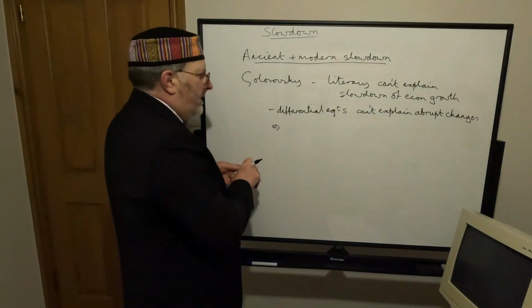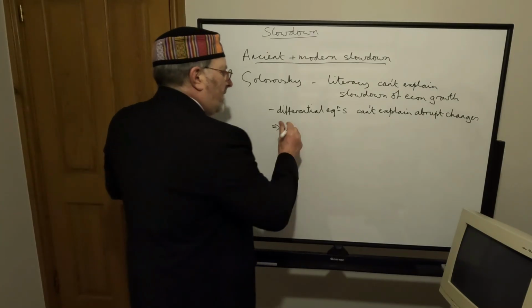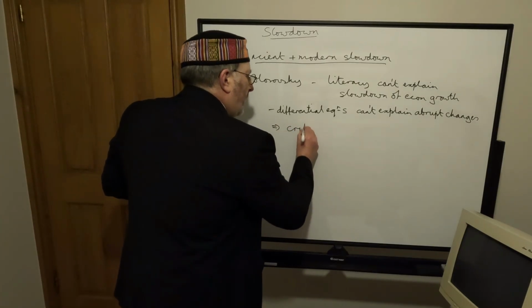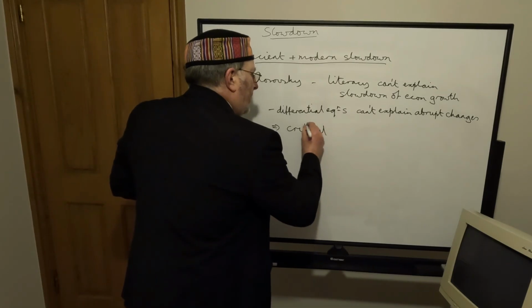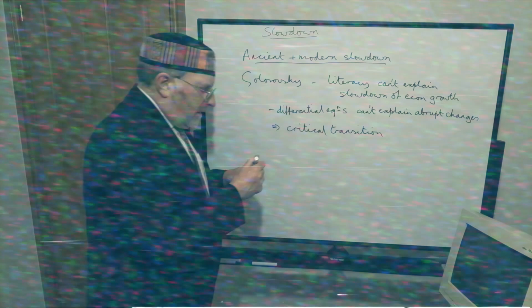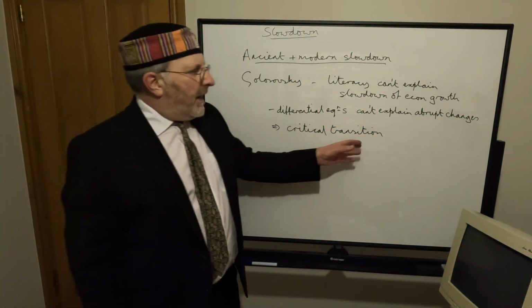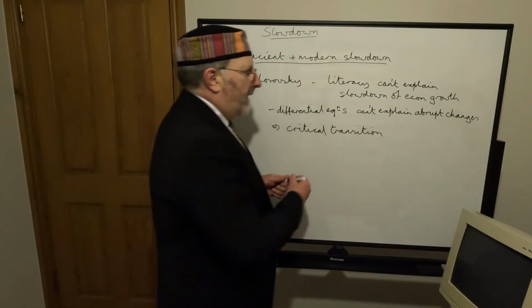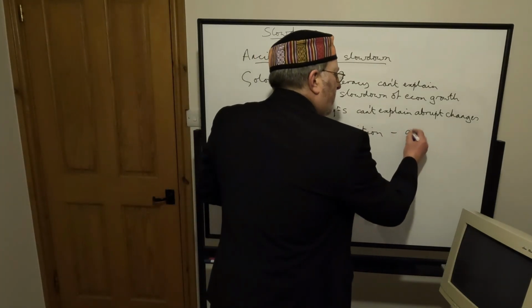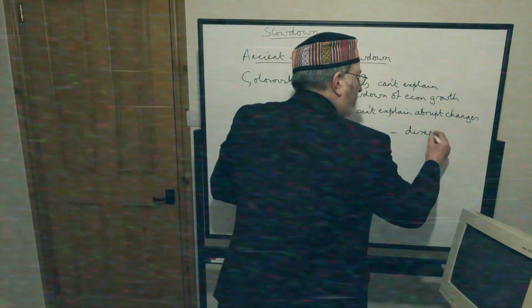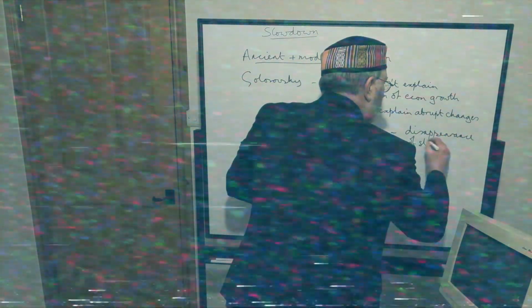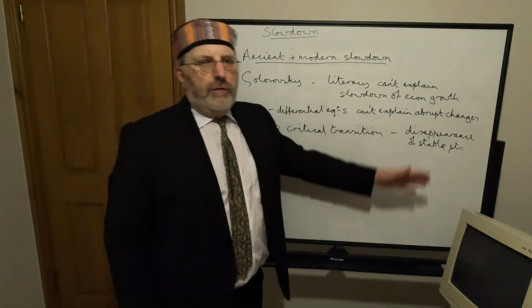So his point is that we need the mathematics of critical transitions. He says that what we're looking at is a critical transition. And again, we discussed in the mathematics module the idea of critical transitions, things like disappearance of stable points and the idea of hysteresis.